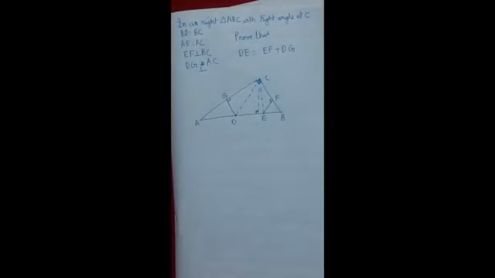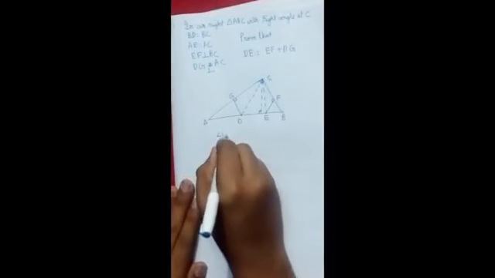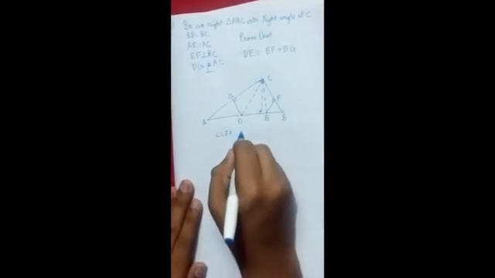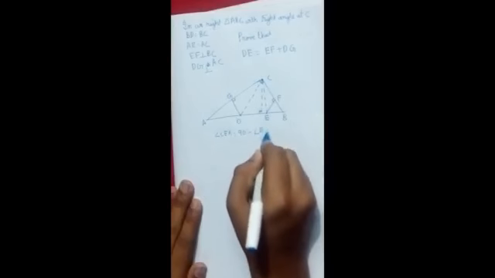Now, ACE is an isosceles triangle. Therefore, angle CEA is equal to 90 degrees minus angle ECB.